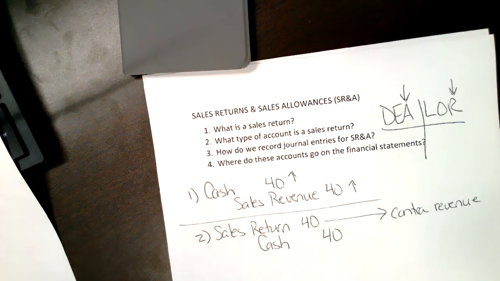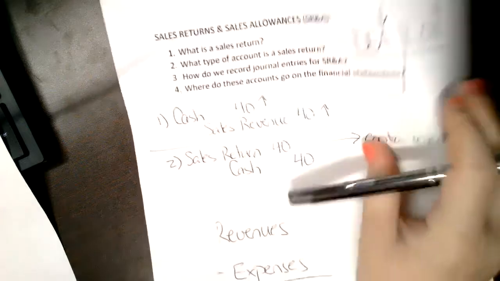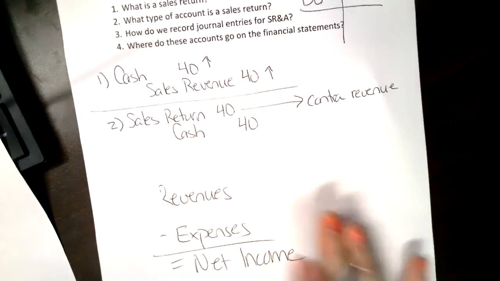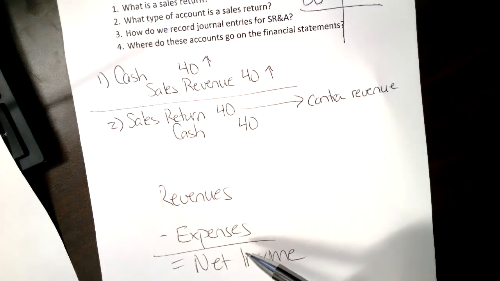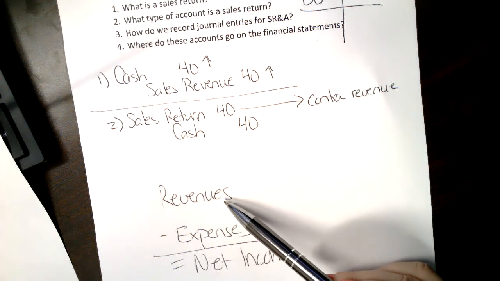So a common mistake that some students make is that they think that sales returns accounts or these contra revenue accounts are an expense account. They're not an expense. They're just a reduction of the revenue.